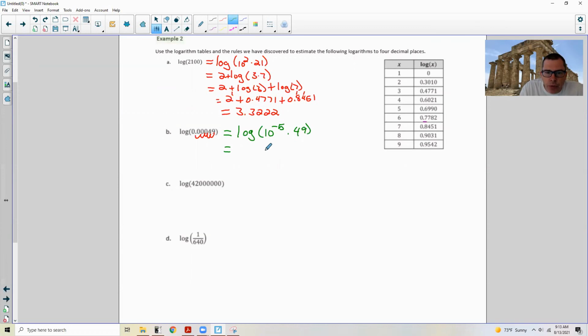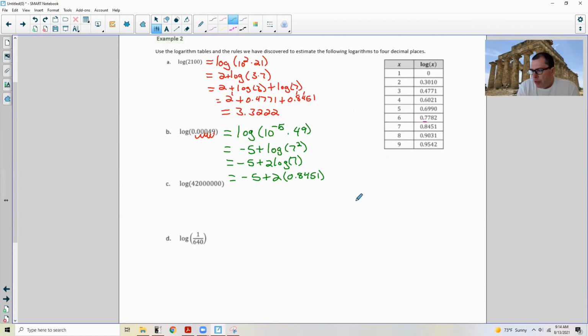This is then going to equal negative 5 plus, 49 is 7 squared. So that is going to become negative 5 plus 2 log 7. So then that is going to equal negative 5 plus 2 times 0.8451, the log of 7.